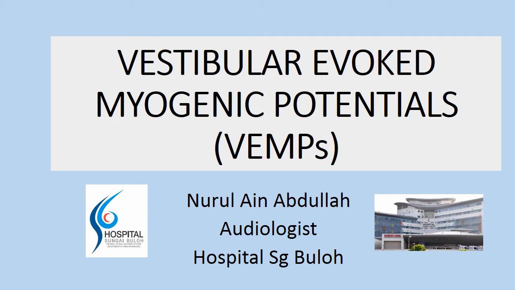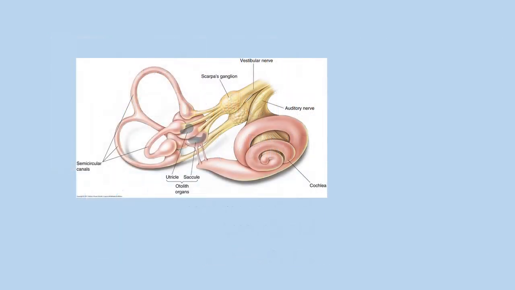The topic that I am going to deliver now is about vestibular evoked myogenic potentials, or VEMPs. I am pretty sure by now that each of us here understands well that our linear movements, be it acceleration or deceleration, are innervated by the otolith organs, which are the utricle and the saccule in our vestibular system.